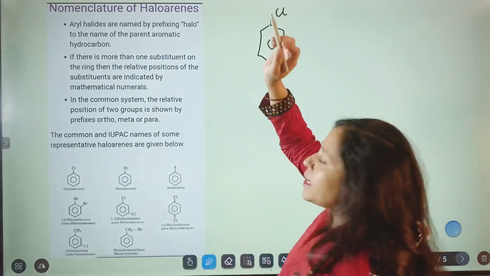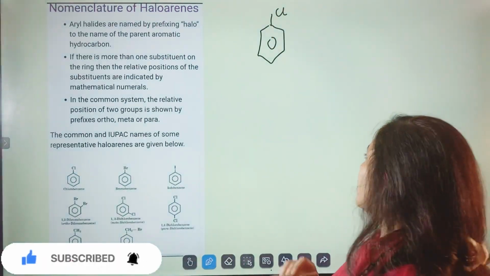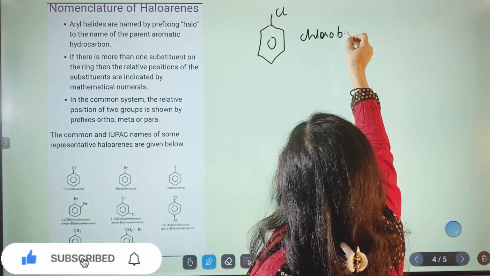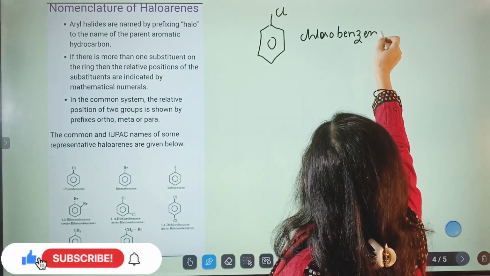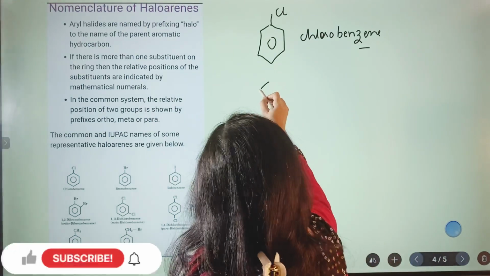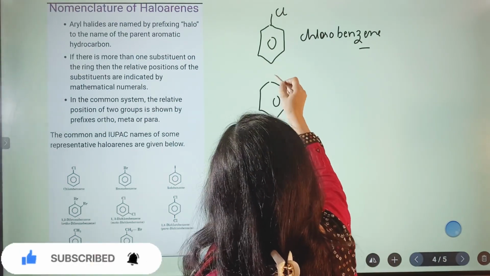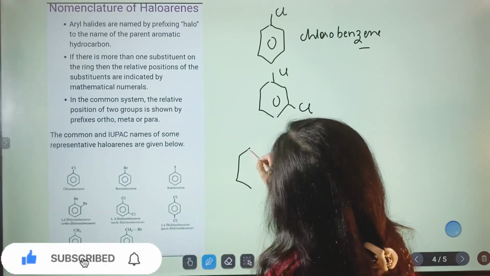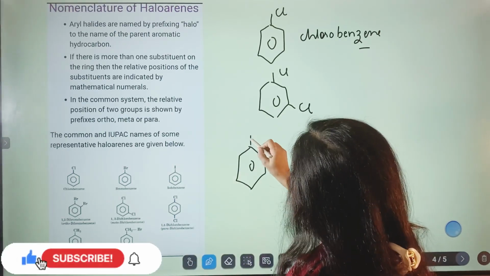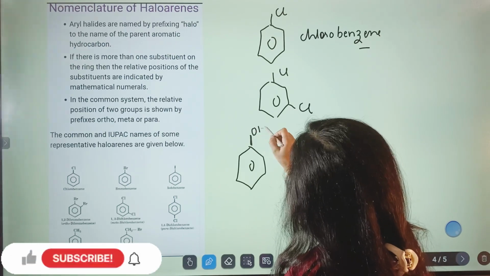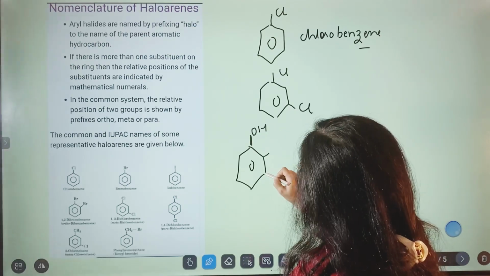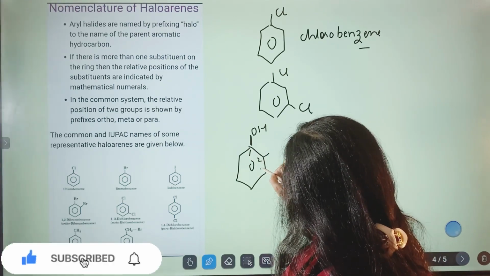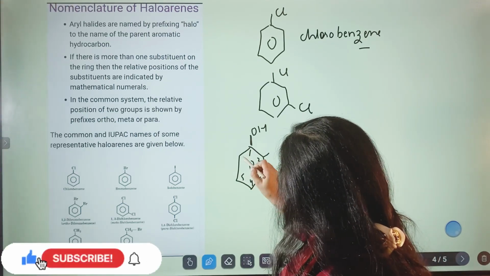Here one chlorine atom is attached to the benzene ring, so we will call it chlorobenzene. Similarly, if one more chlorine atom gets attached here, students, you must know about the positions. Suppose this is the main group, the OH group. Now this one is the first position, then second, third, fourth, fifth and sixth.